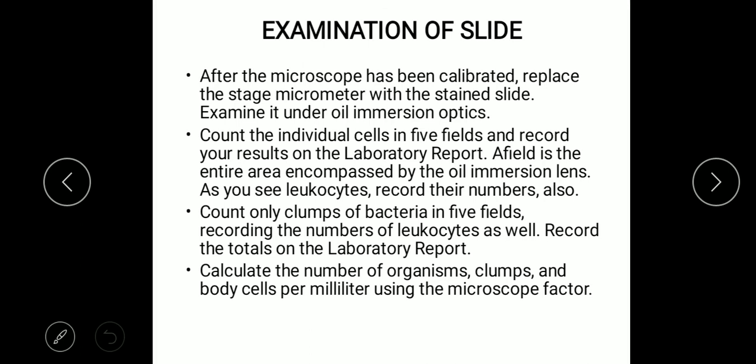You will see leukocytes and we will record their numbers as well. Then we will count only clumps of bacteria in 5 fields, recording the numbers of leukocytes. Then we will calculate the number of organisms, clumps and body cells per milliliter using the microscope factor.